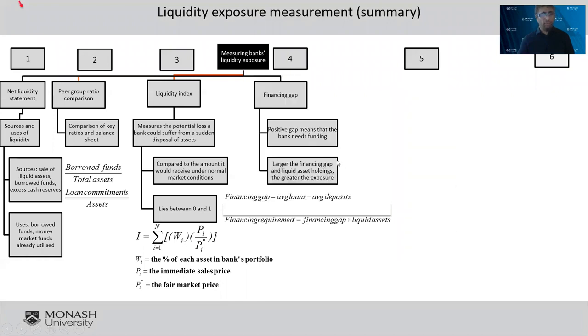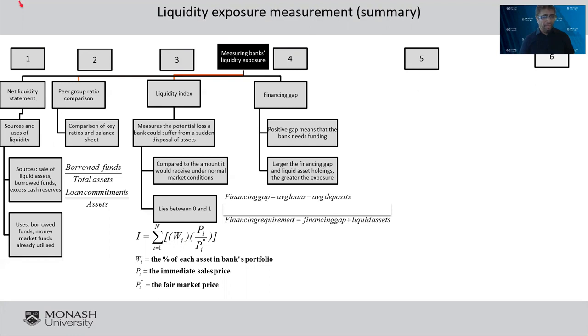Number 4, we use something called the financing gap. The financing gap is basically the difference between the loans we are expected to give and the deposits we are expecting to receive in the future, and we see what the difference is. We add to that requirement the holding of cash.